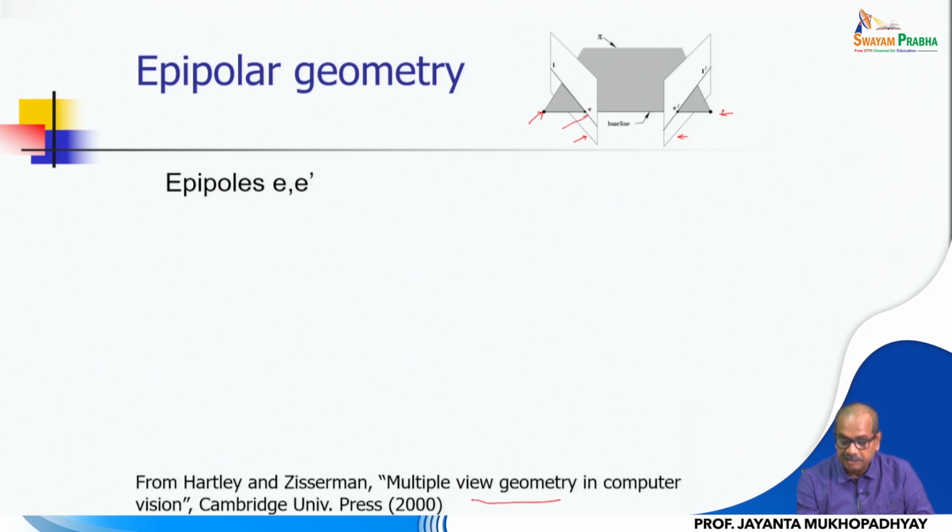These are the image epipoles as we defined, and suppose this is the epipolar plane, because you can see that it contains the two centers, that is, it contains the baseline. So any plane containing the baseline is an epipolar plane, and the line of intersection of that plane with the image planes forms the epipolar lines, say L and L prime.